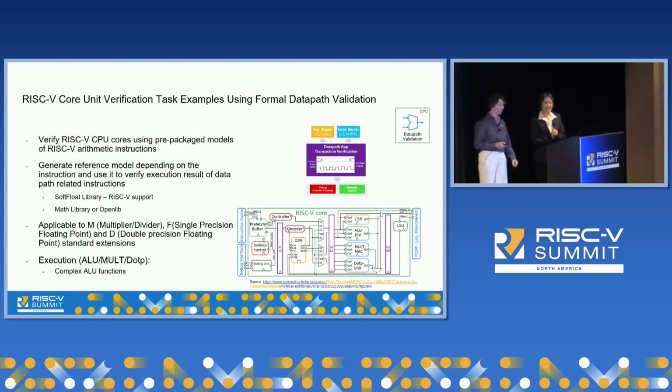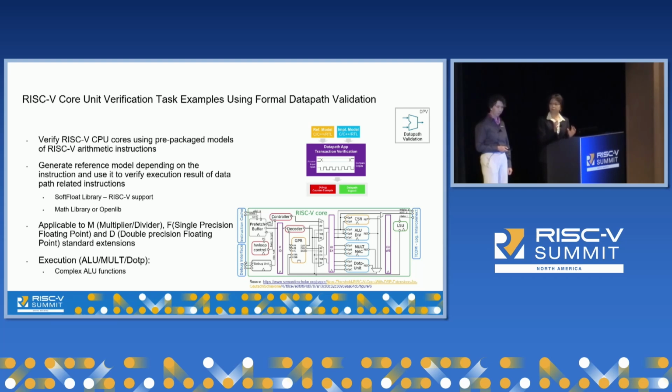And then looking at the blue boxes, you can see there's a lot of arithmetic units, right, such as multipliers, dividers, dot products and so on. And these elements can be exhaustively verified using formal data path validation, such as the DPV app on the top. These apps are very efficient at verifying data path as well as arithmetic instructions, and how they compare to your RTL.